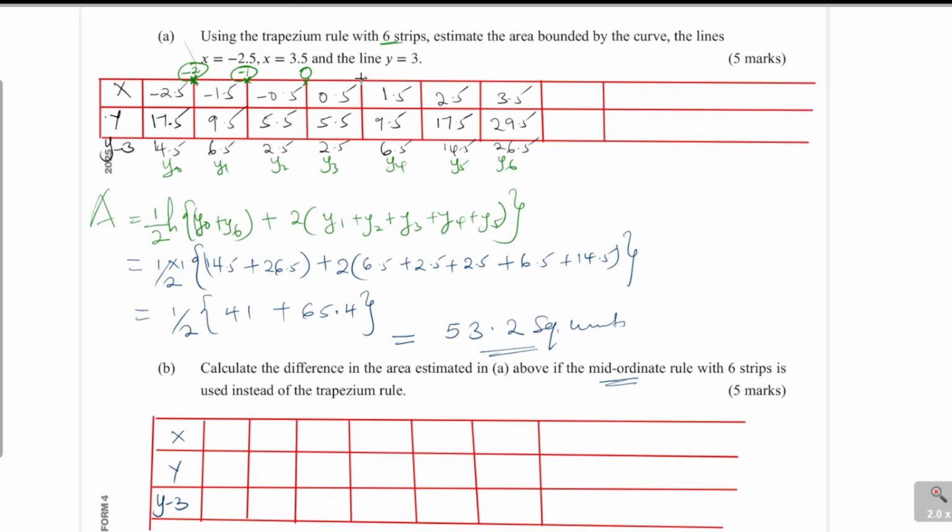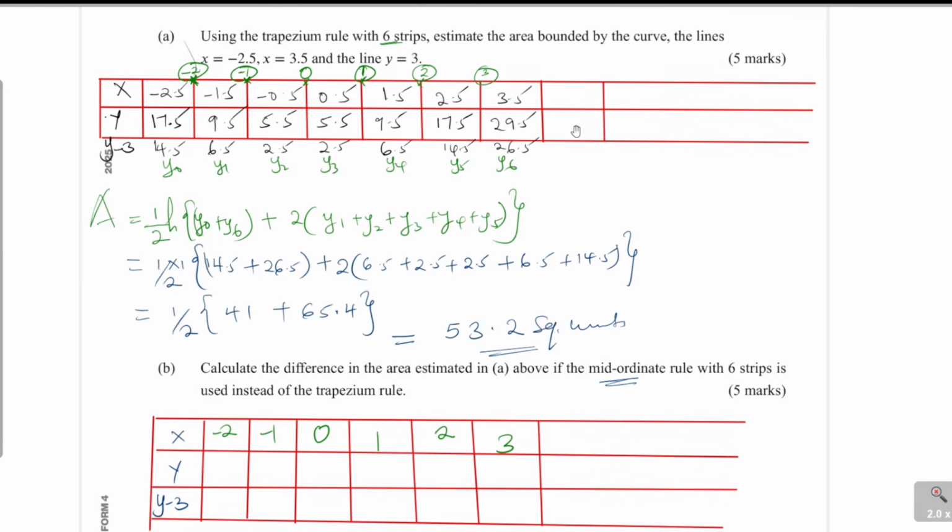Then the midpoint of 0.5 and 1.5 is 1. Between 1.5 and 2.5, the midpoint is 2. And between 2.5 and 3.5, the midpoint is 3. So these are the ones that we're going to use: negative 2, negative 1, 0, 1, 2, and 3. So those are the midpoints.